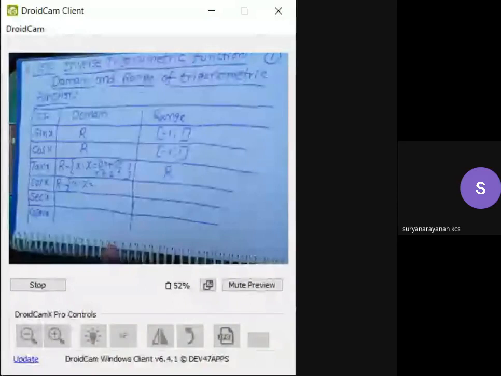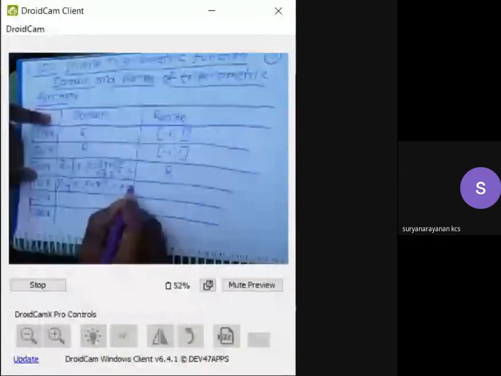This is the domain of cotangent: all real numbers minus the set of x such that x is equal to n pi, n belongs to Z. The range of this cotangent is R. Secant x is the same as tan x.